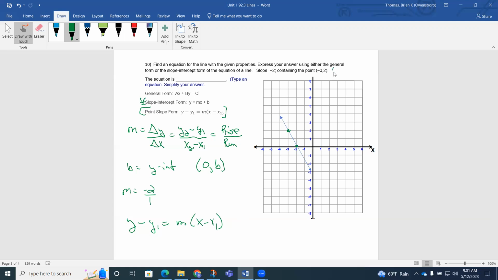Notice how the x1 is the x coordinate, the y1 is the y coordinate. These are going to be substituted in for the x1 and y1, and the slope is the m, which is -2. So what I'm going to have then is y take away y1, which is 2, is going to equal the slope, -2, times x take away -3.